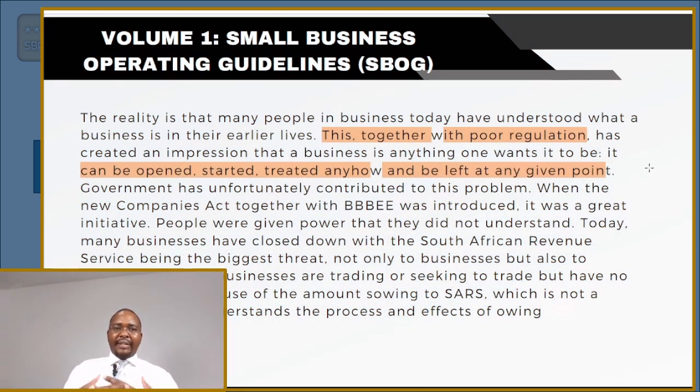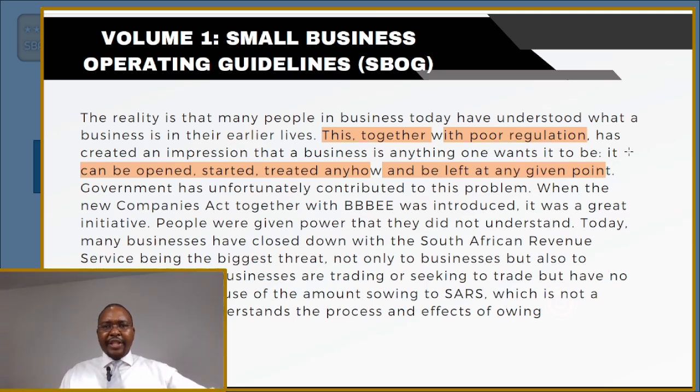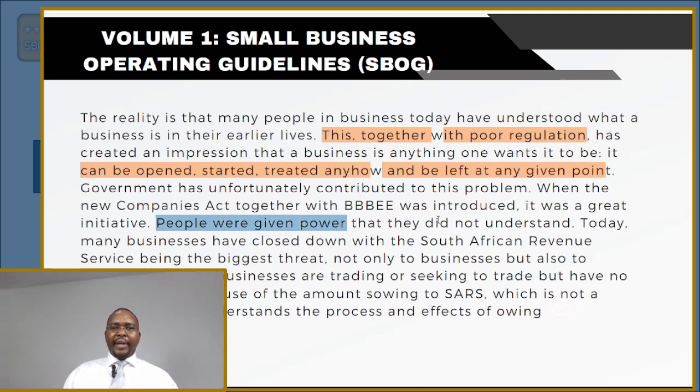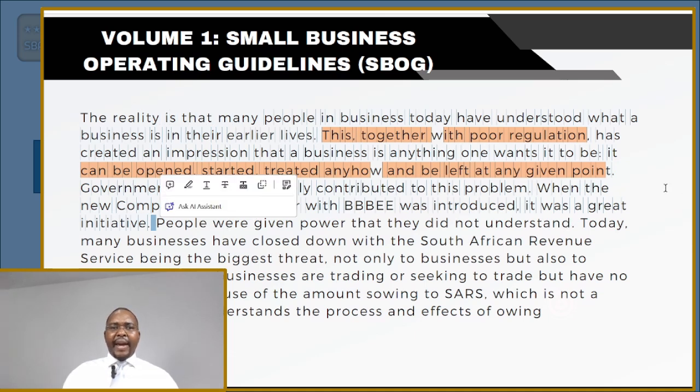The government business initiative itself is a great process to allow people to get into business in their magnitude. That is a good initiative, but the problem is that people were not empowered to understand what business is, and people are still not empowered to understand what business is, and that has created a lot of problems.